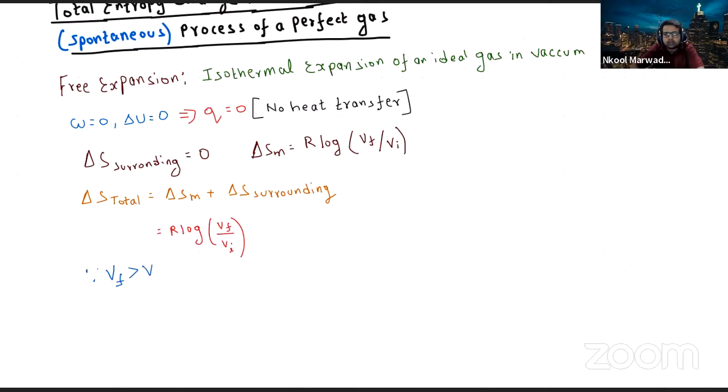It implies that delta S total is positive, because if Vf is greater than Vi, delta S has to be positive. And if it is so, then what can I say? Then I can say that the process is spontaneous. This isothermal expansion of an ideal gas in vacuum is spontaneous.